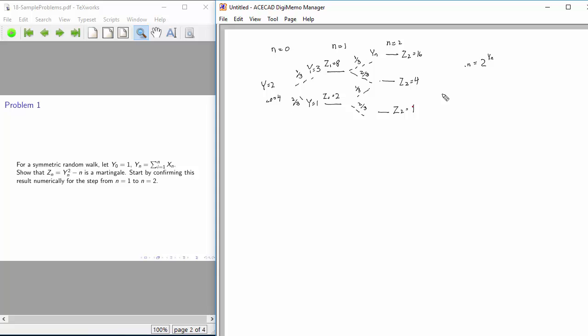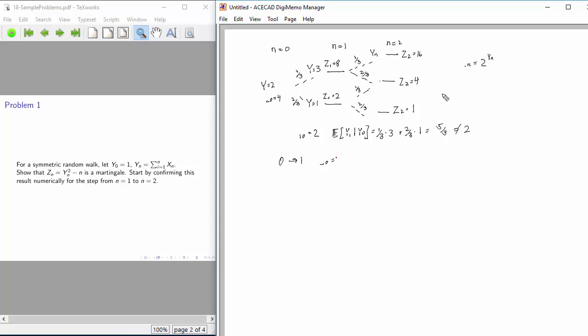It's clear that y sub n is not a martingale because y0 is equal to 2, while the expectation of y1 conditioned on y0 is 1/3 times 3 plus 2/3 times 1, which is equal to 5/3, which is not equal to 2. But let's try z. We're going from 0 to 1.